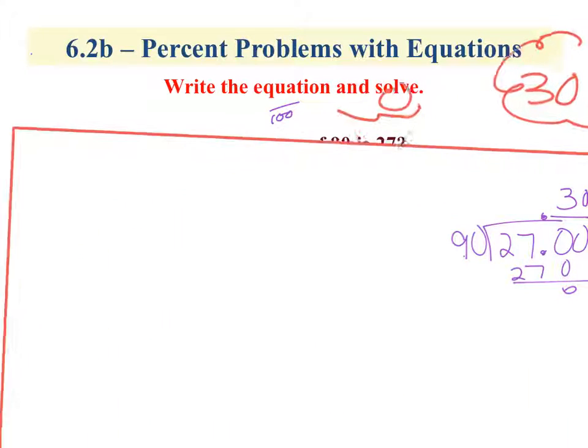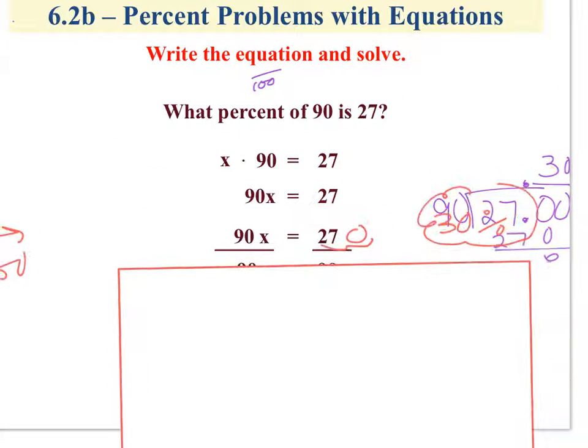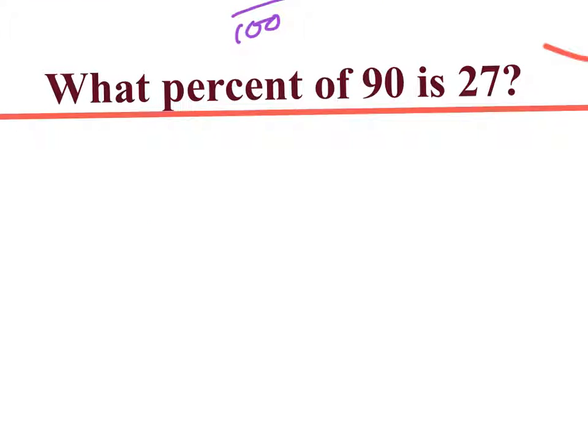If you chose to set this up as a proportion, you would set it up like this. What percent? Anytime you see the word what, that's your unknown. You can use any letter you want. What percent of 90 is 27?